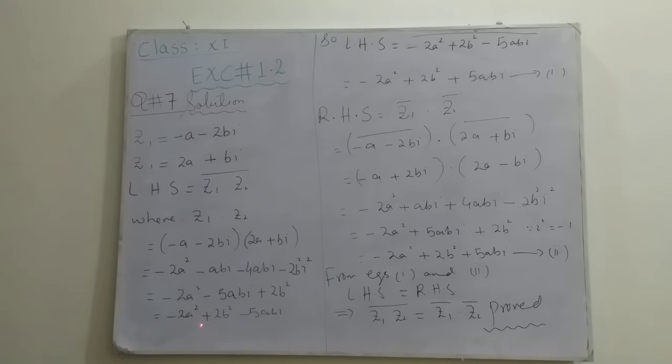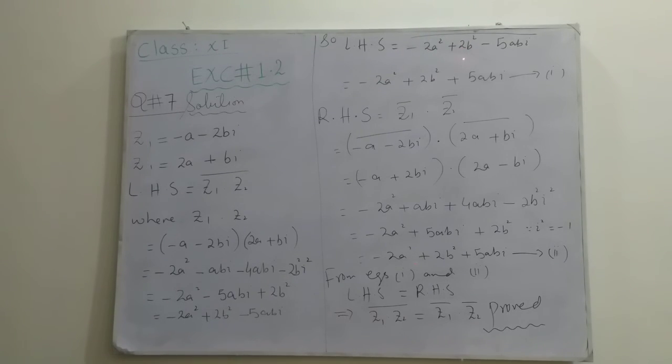Now putting this value of z1 into z2 in the left hand side, the left hand side becomes (minus 2a square plus 2b square minus 5ab iota) whole conjugate. Now when we take conjugate, the real part will be the same, that is minus 2a square plus 2b square, but the sign of the imaginary part will be changed, so it becomes plus 5ab iota. This is equation number first.